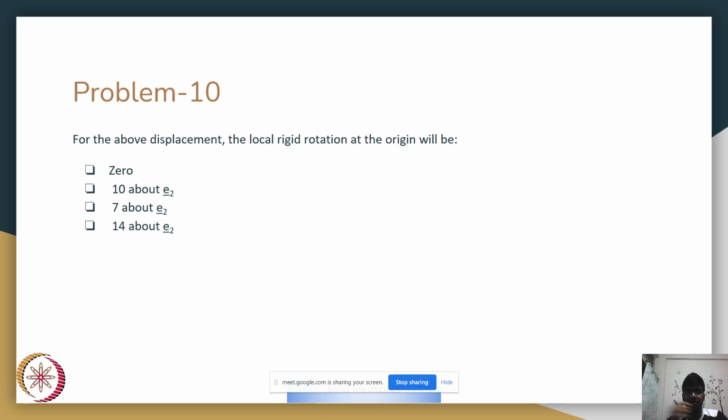The 10th problem: from the above displacement, what will the local rigid rotation at the origin be? What is the local rigid rotation?